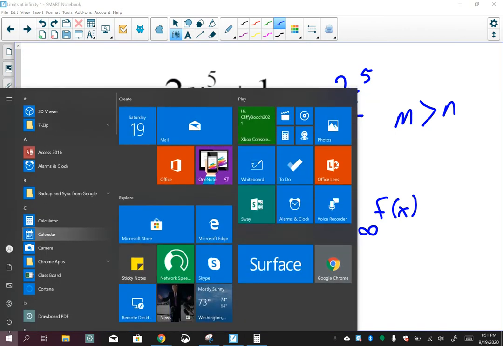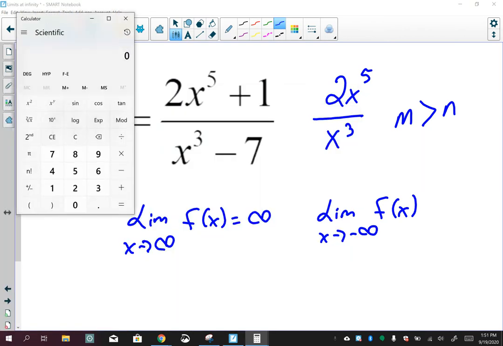So then I do the same thing here. Now I'm going to go off to the negative one. Let's go negative 10. So negative 10, and we're going to raise that to the fifth power.